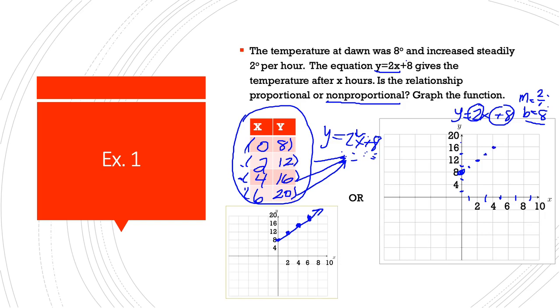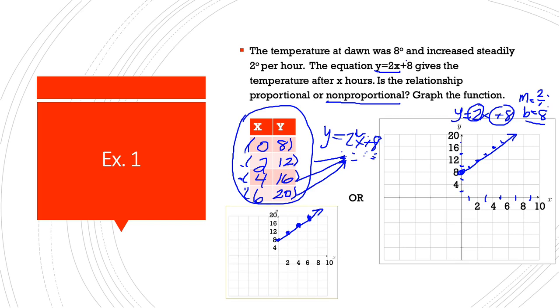Okay, and I'm getting the same line. I just have more points. Okay. So it's the exact same line. I just have more points over here when I graphed it because I don't have enough room to put all of the numbers on my coordinate plane. Okay, so you can do either one of these techniques to graph your line.